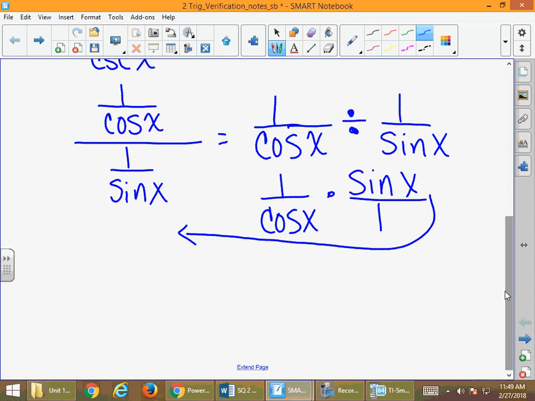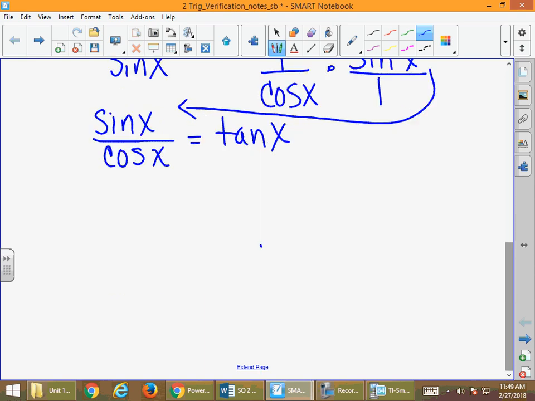So we get sine of x on top, and cosine of x times 1 is cosine of x on the bottom. And again, we're still trying to turn this left side of our equation into the right side. But finally, if we know the definition of tangent, tangent is sine x divided by cosine x. And there, we verify.